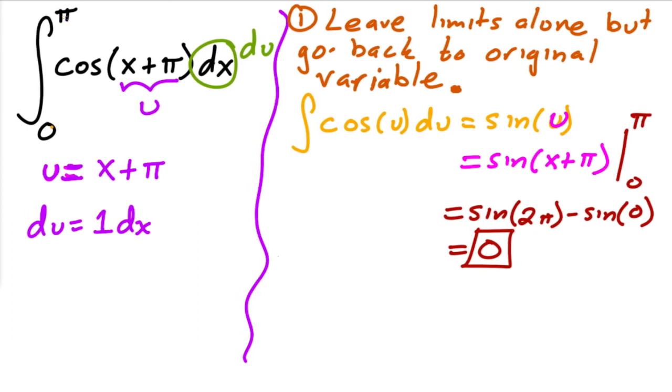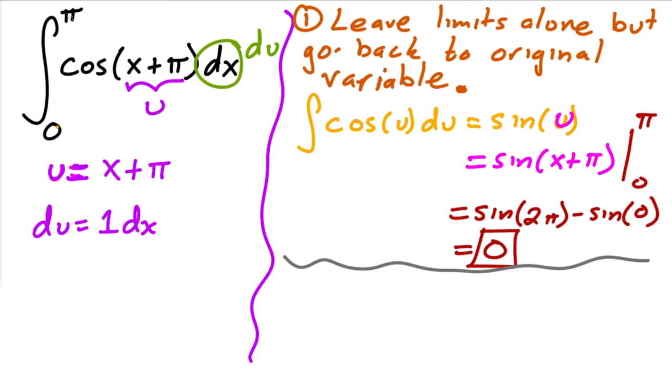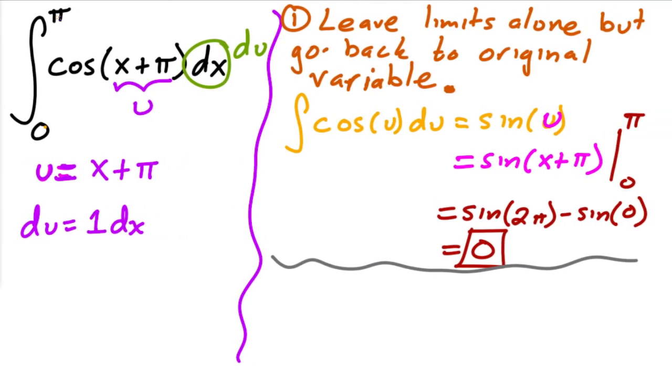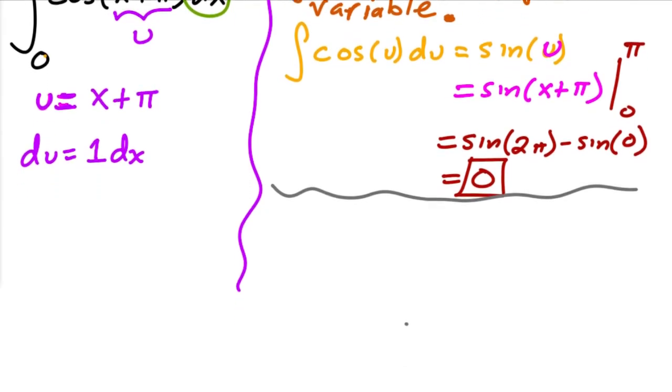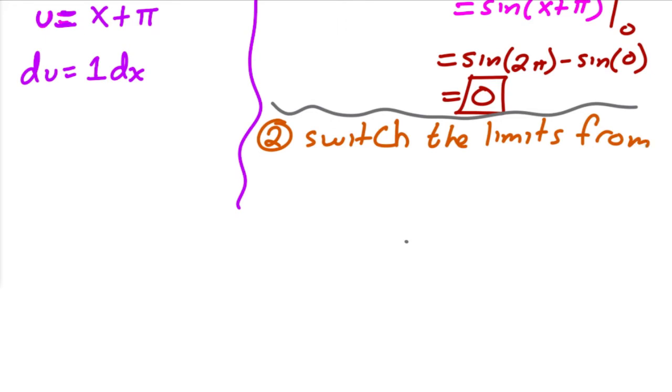Okay, now the second option, and sometimes a little better, is that you switch the limits of integration from original, I'll just say original because typically it's x, but it could be t or z or whatever, to u.